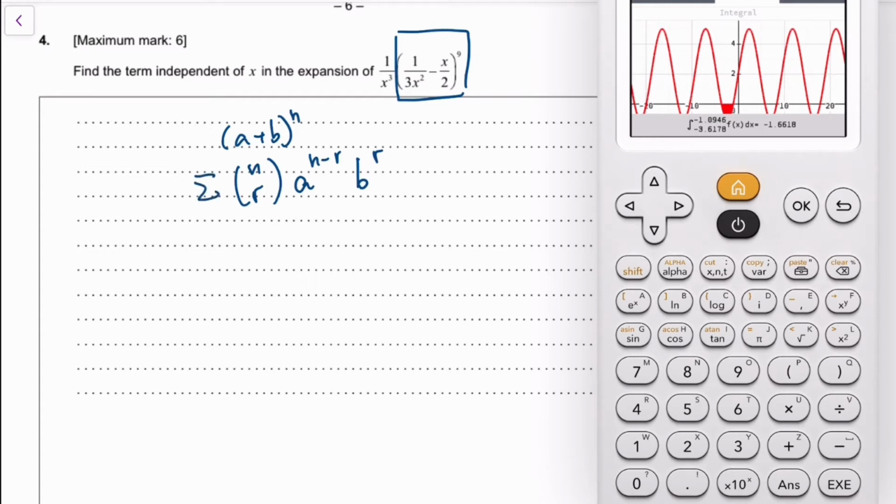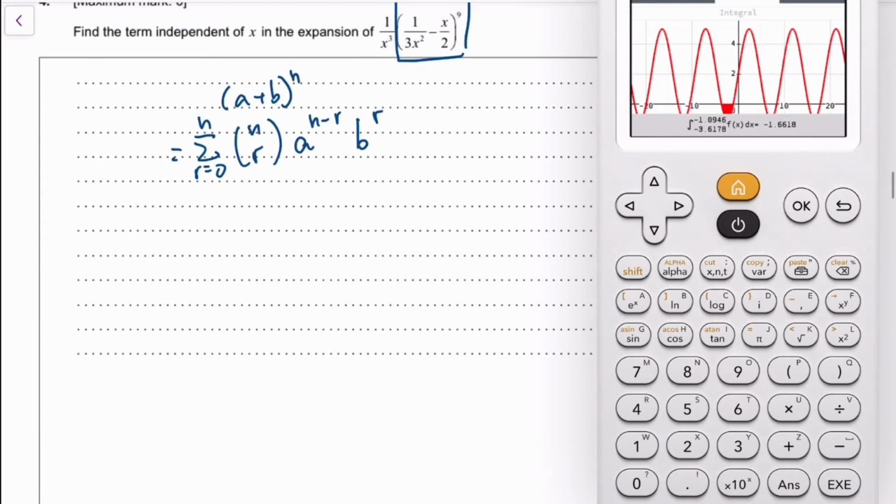Technically there's a summation sign in front for them to equal, but it's usually the general term that's important. n is the power, a is the first term in the binomial, b is the second term. I'm sure all of you know this.